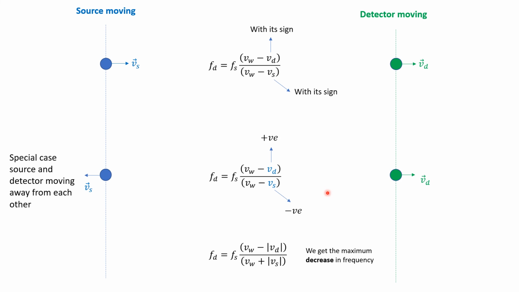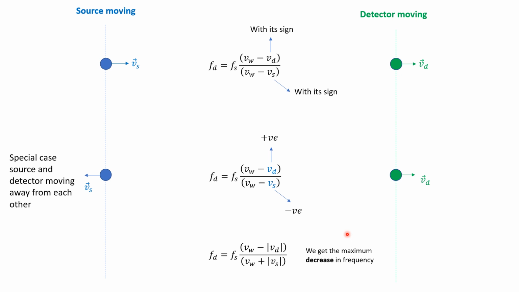That means the frequency is lower. But now the detector is not at rest, it's moving to the right. And so the time between successive wavefronts is even longer than that, and so the frequency is even lower than that. So the two effects combine to give the maximum decrease in frequency, the least frequency that you can ever get.